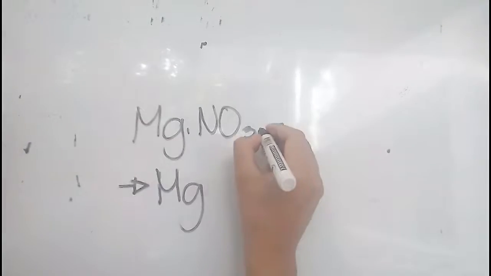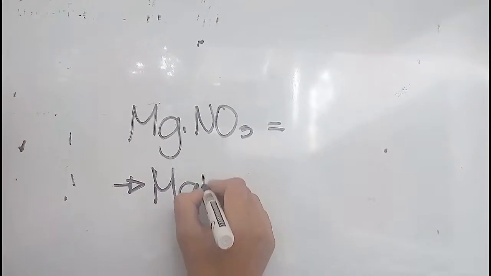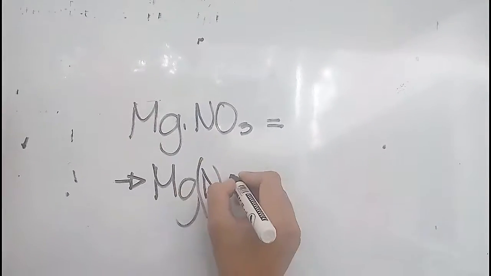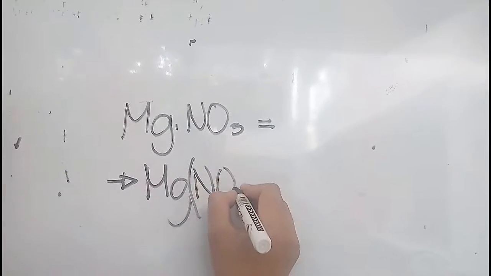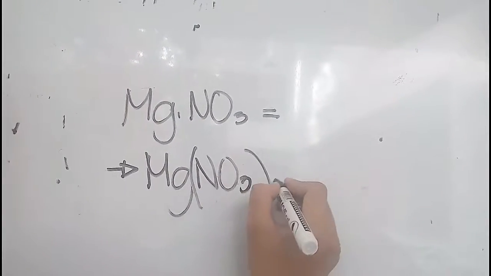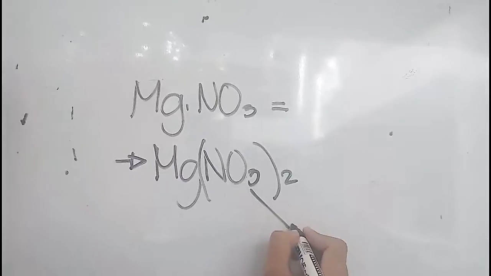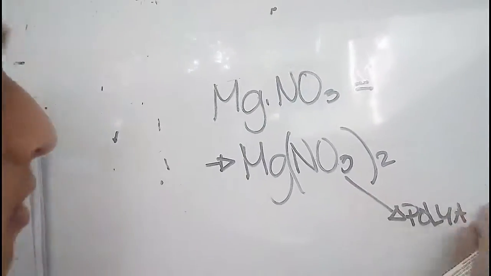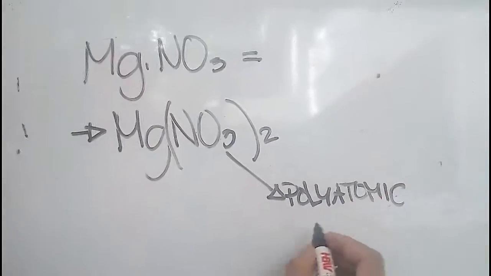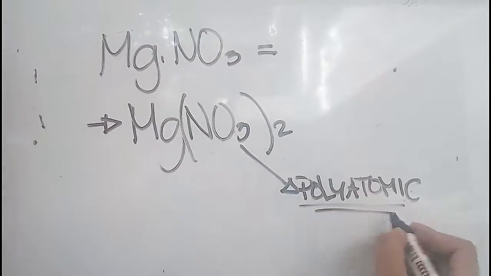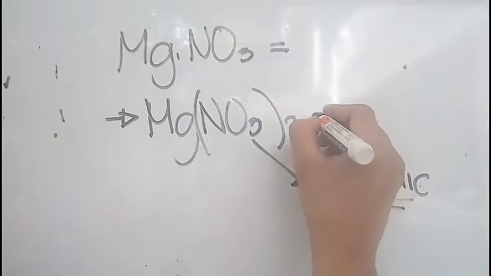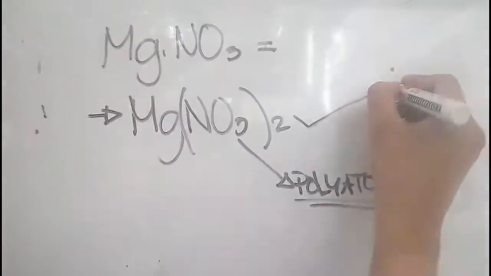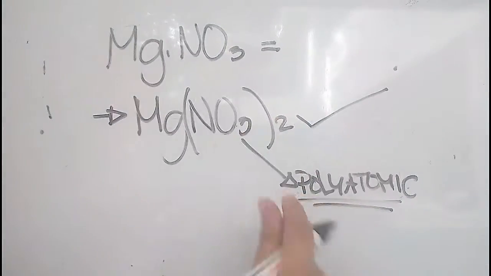First, when there is an ion that is polyatomic, you write an open and close parenthesis on that polyatomic ion. Then you write the crisscross charge beside it. Correct. Now for the next.